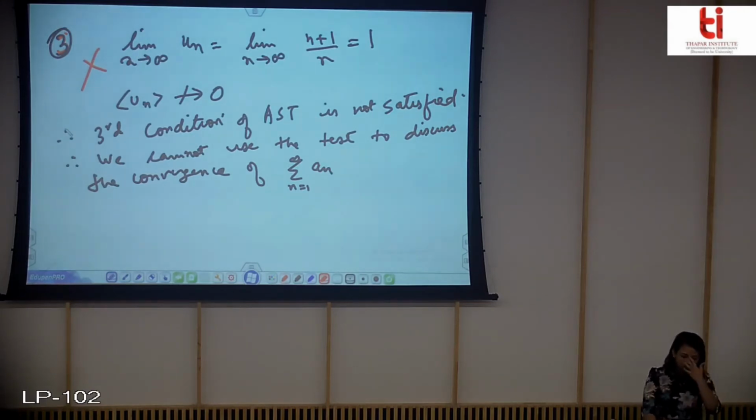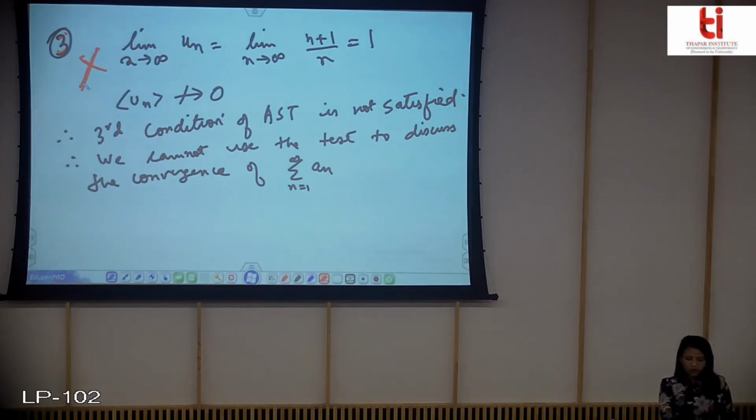Now you know the Nth term test. If this condition is not satisfied, it says that an will not go to 0, and by the Nth term test you can say that the series is divergent.